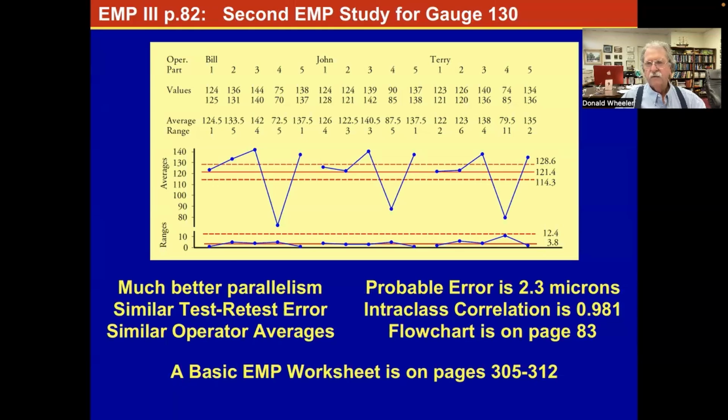Interclass correlation is 0.98. And the flowchart for this EMP study is found on page 83. And in general, a basic EMP worksheet takes you through the steps one at a time, and may be found on pages 305 to 312.